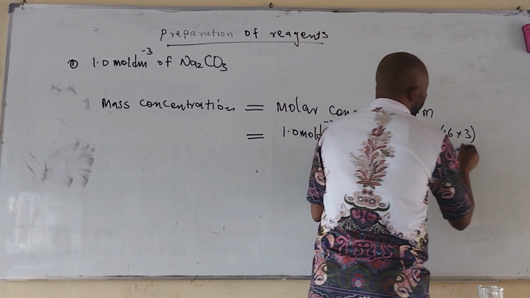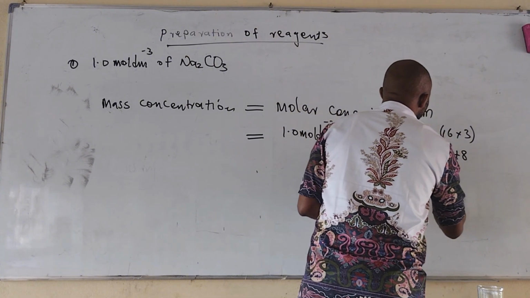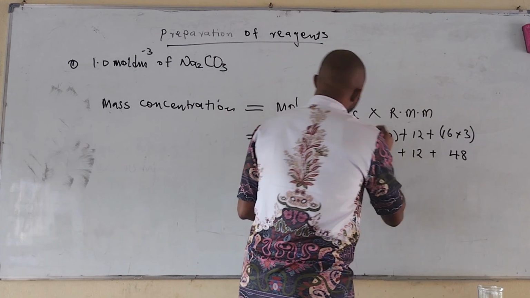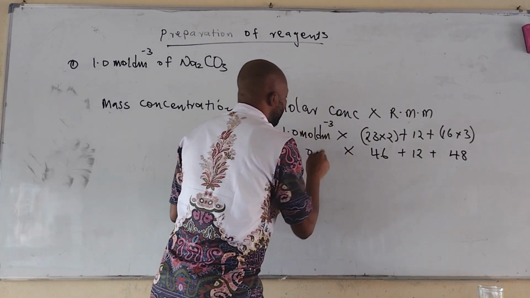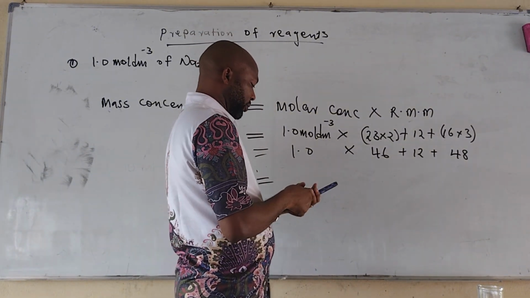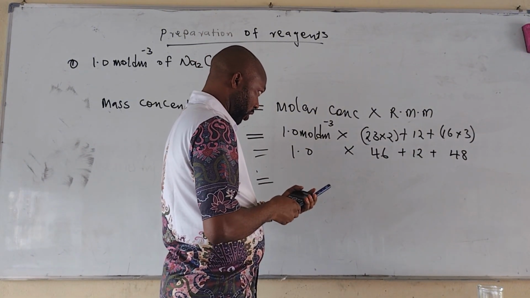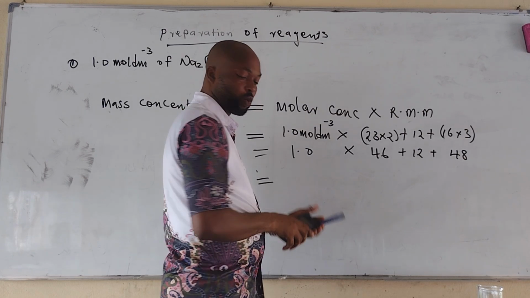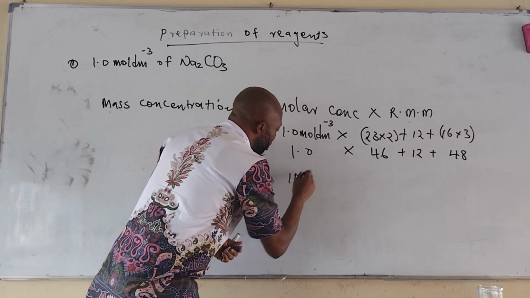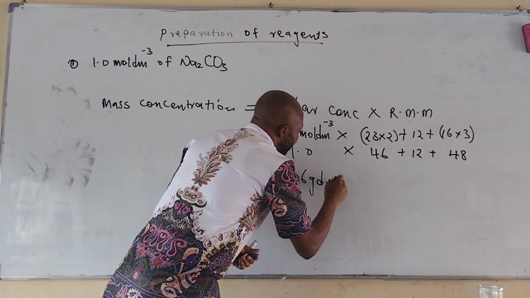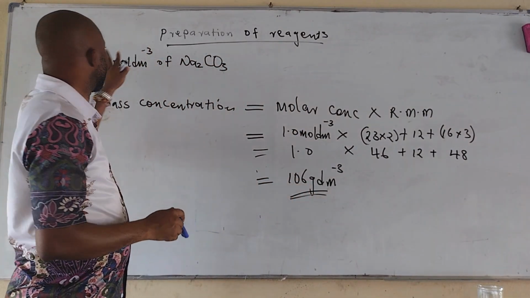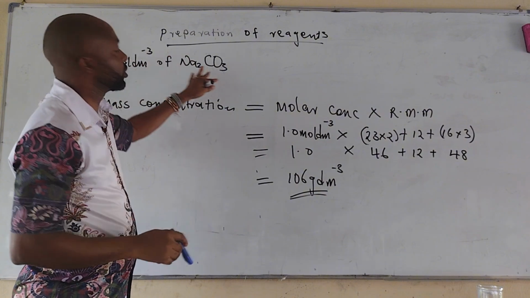So we'll be having 48 plus 12 plus 46, now times my 1.0. We know too well that it's still going to give us the same thing. So 48 plus 12 plus 46 is 106. So what I have here is 1 times that, which is 106 g/dm cube. This is the mass concentration per 1 mole of sodium trioxocarbonate(IV).